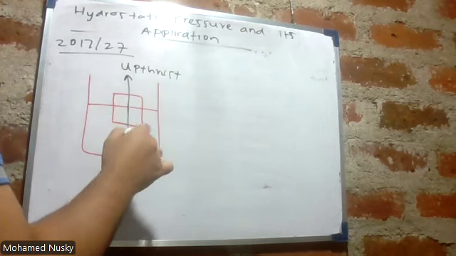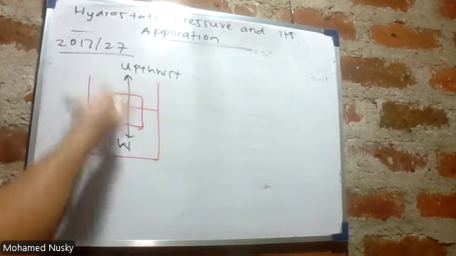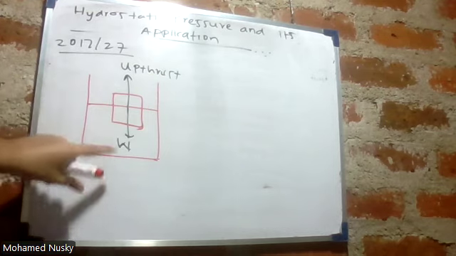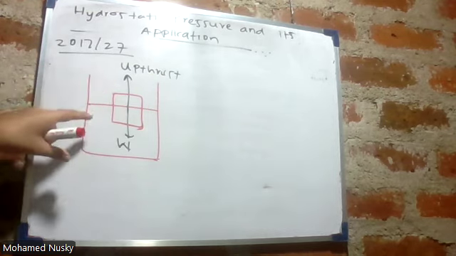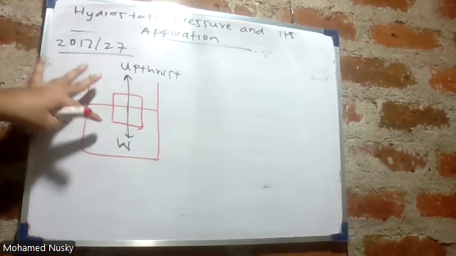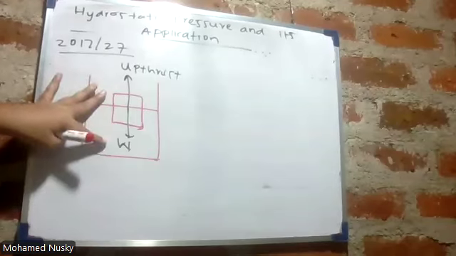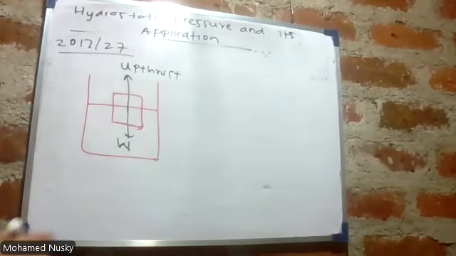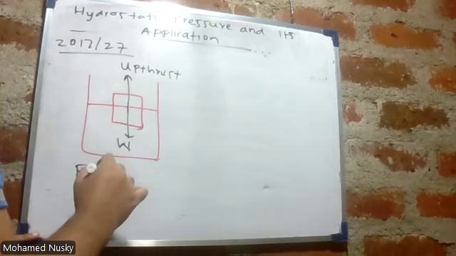Now, why isn't this object moving down or up? Why is it standing at that position? If it is standing at the same position, that object is in equilibrium.